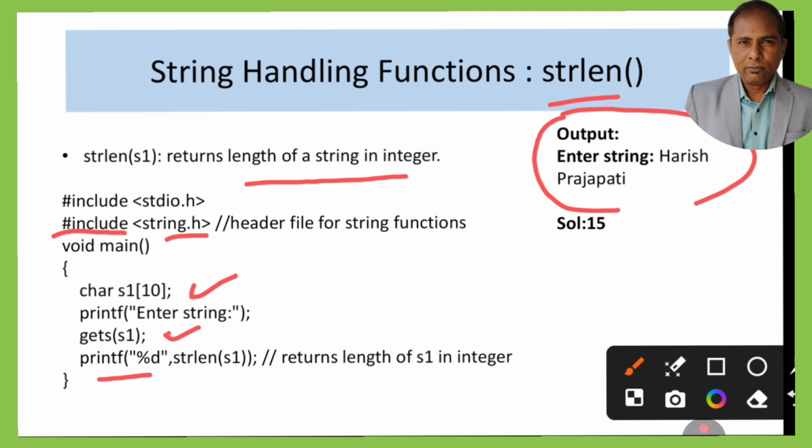For example, I write Harish Prajapati. It will count the characters in the string. Harish contains 6 characters, Prajapati contains 9 characters, so it will give us the answer 15. So it counts the total number of characters in the string.